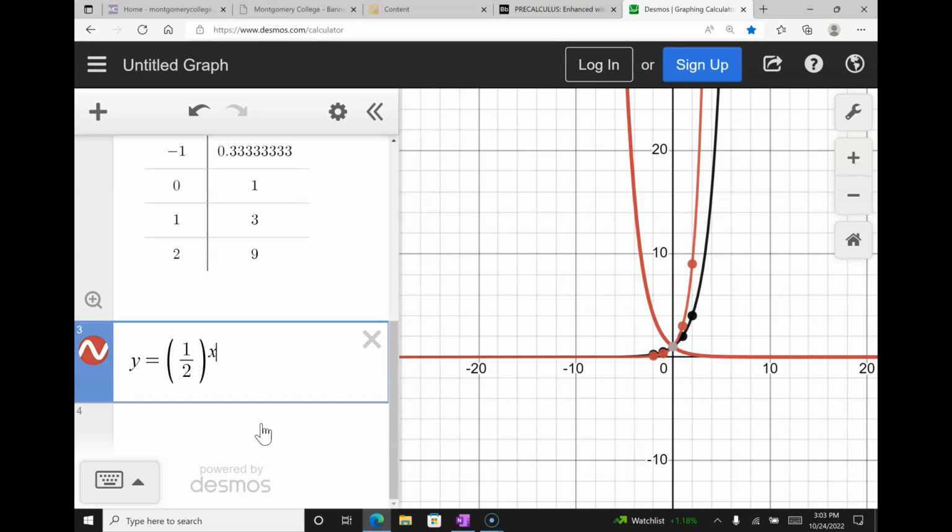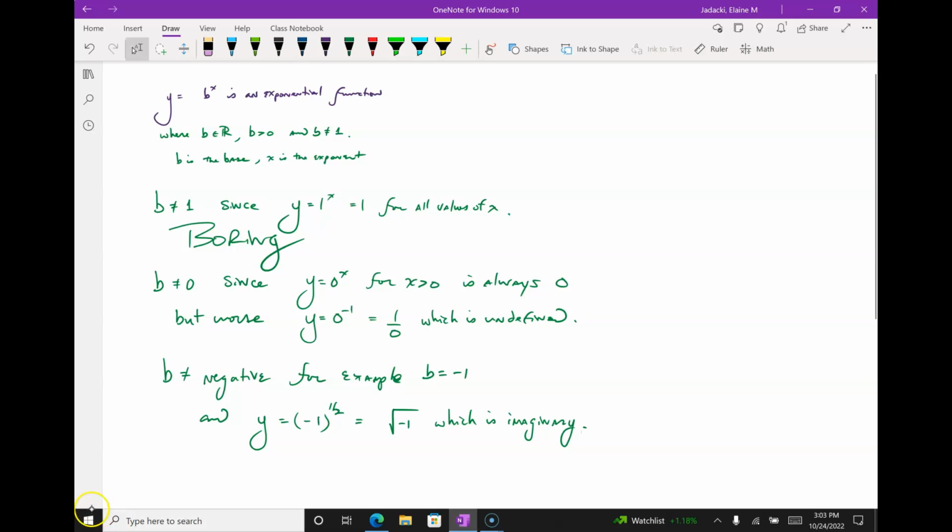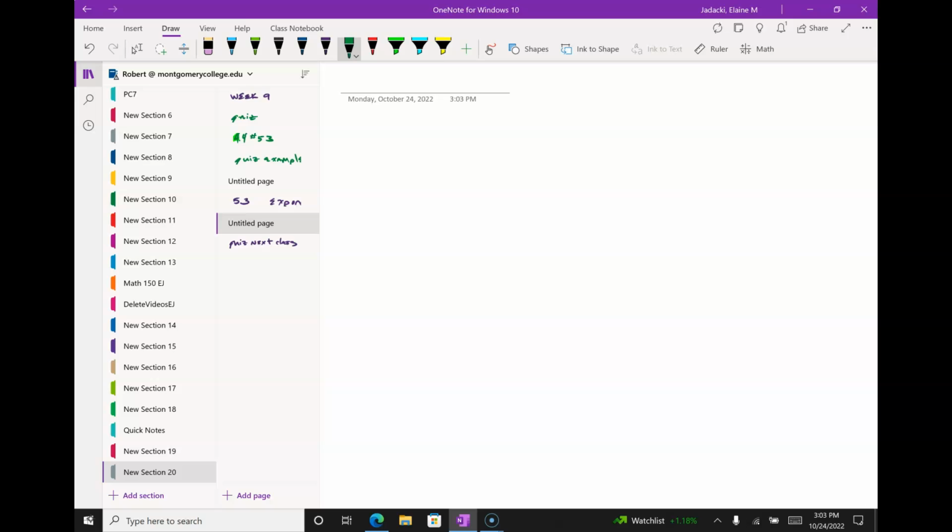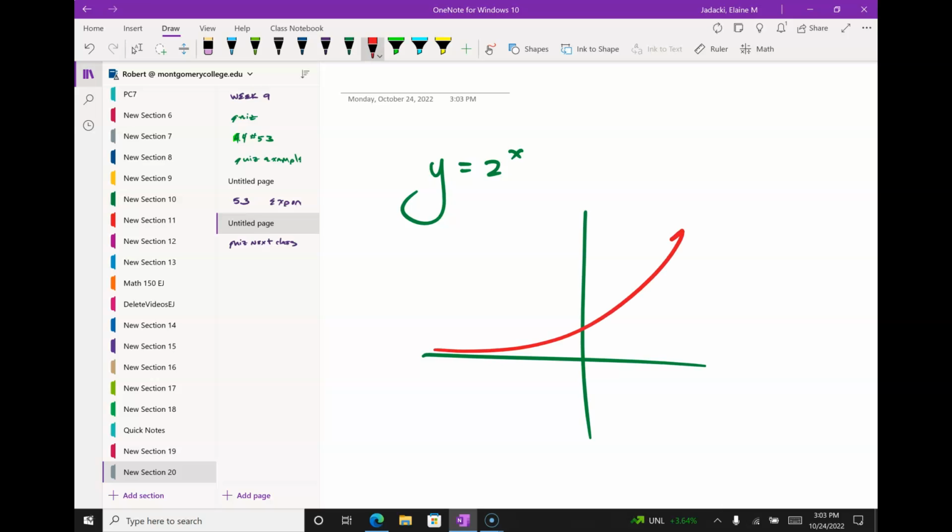I'll say it again, like this on paper. Y equals 2 to the x gave me this function. Y equals 1/2 to the x gave me this function.